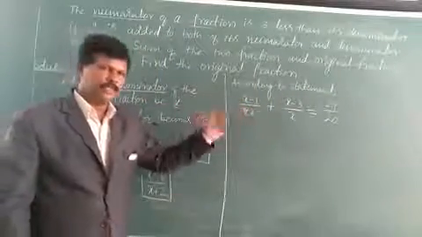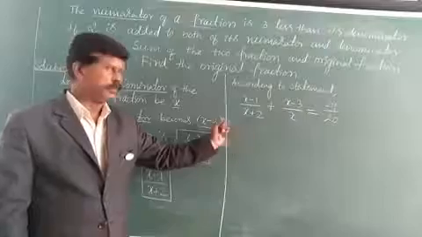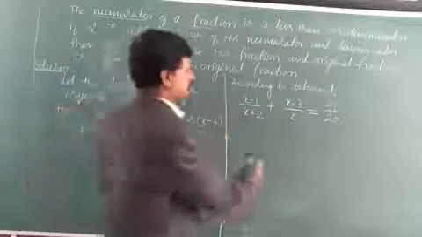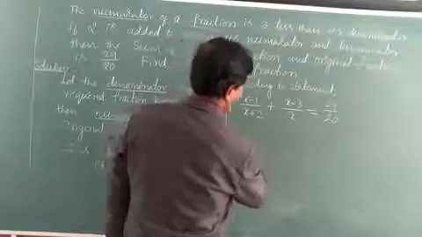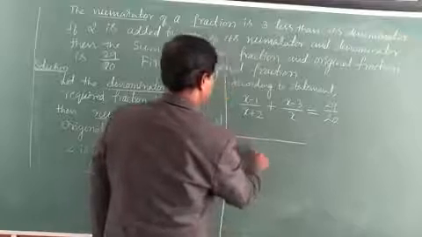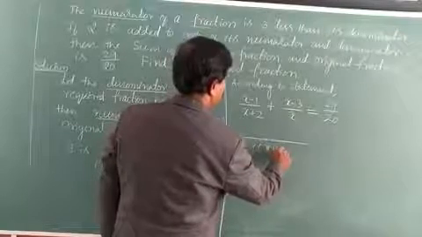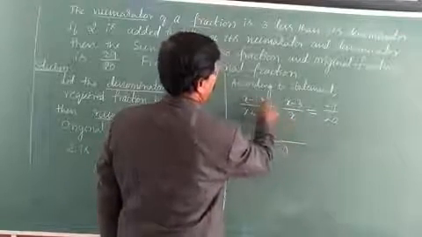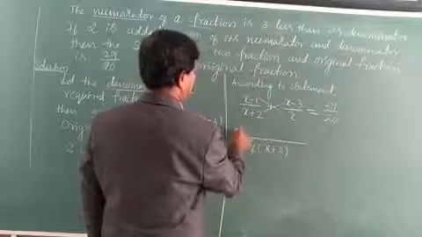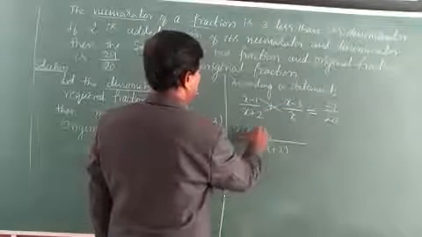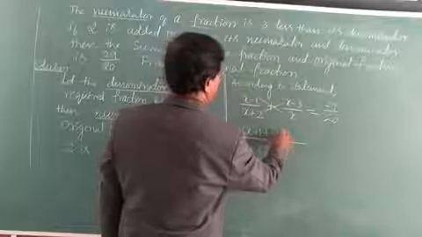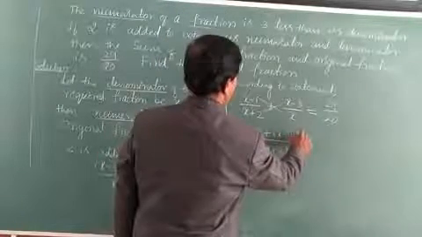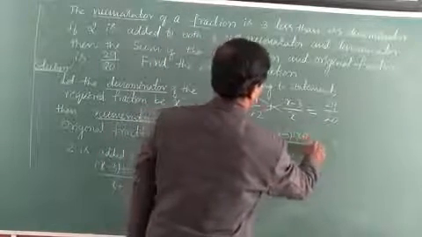Now, is this a quadratic equation form? No. First, simplify this. So, take the LCM. I am taking the LCM as x into x plus 2. When you are taking the product, then cross multiply. x into x minus 1 plus x minus 3 into x plus 2.